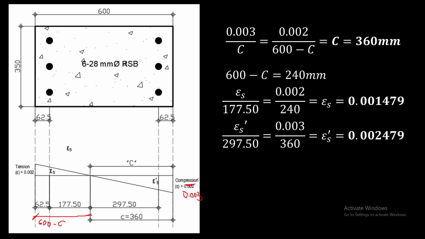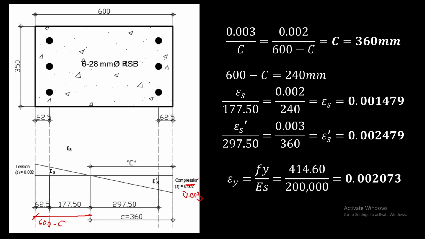we're going to identify further if tension steel will yield on the tension side and compression steel will yield on the compression side. First, we have to compute the yield strain, epsilon Y, or Fy over Es.